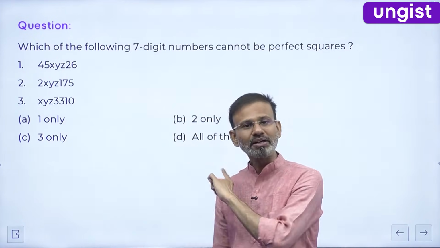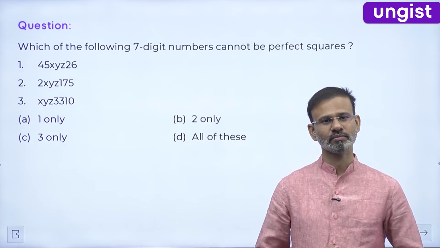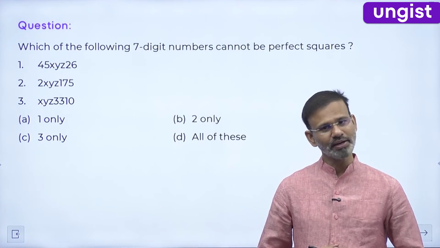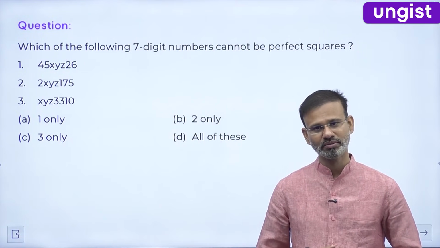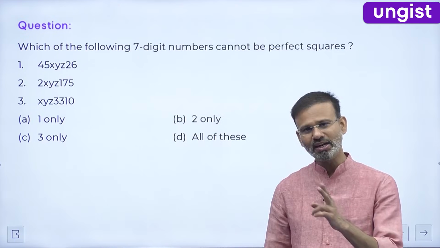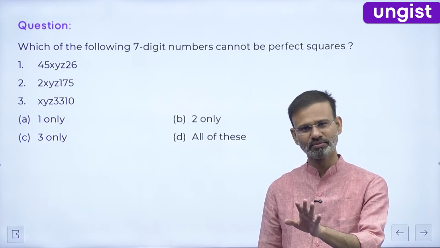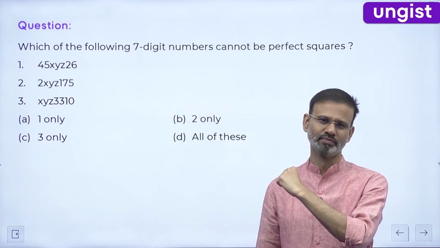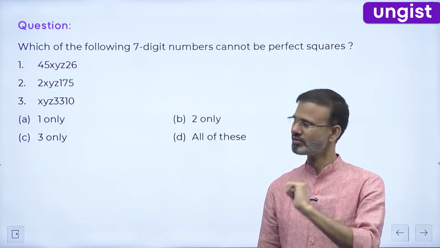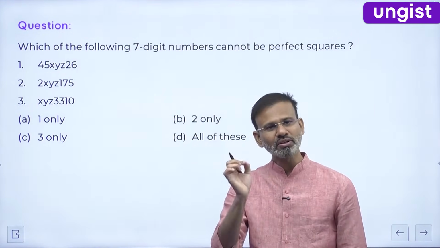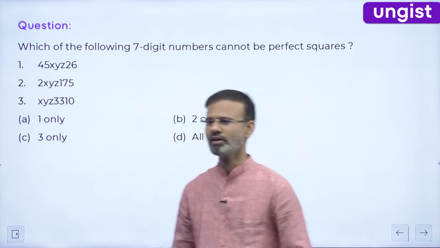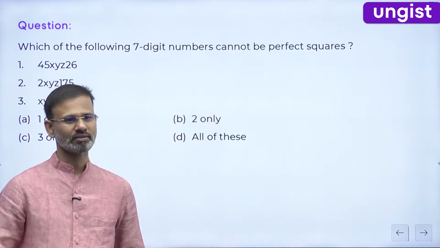They didn't write the entire number. In any option, they didn't write the entire number. They have just written the last 2 digits or 3 digits, or the starting digit. So they want you to solve the question like this only, so you should have this type of understanding.